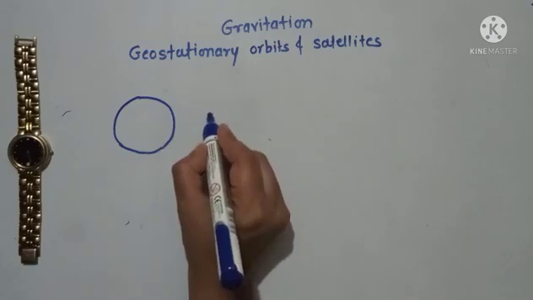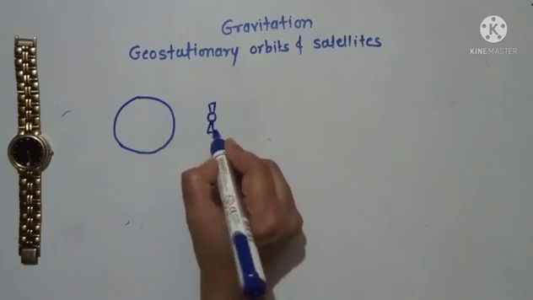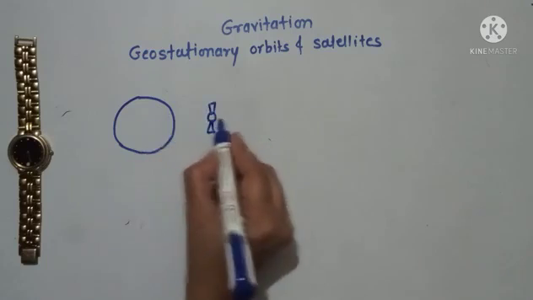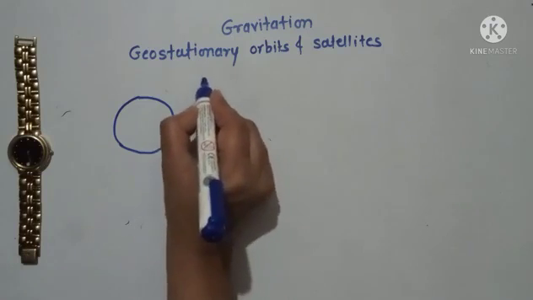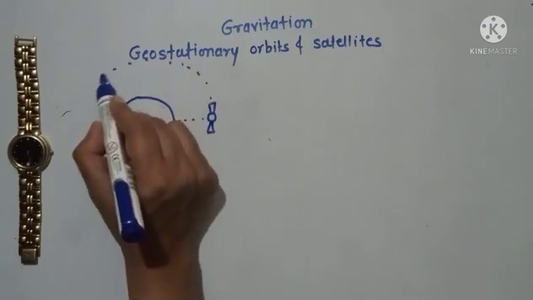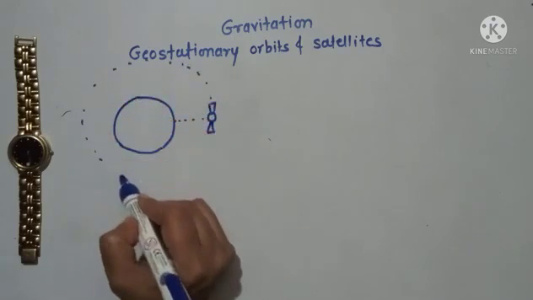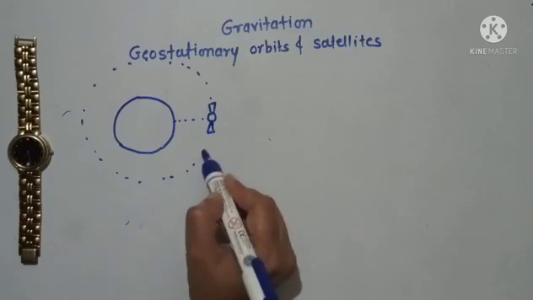Suppose this is a satellite at a particular distance from the earth surface. When this satellite orbits around the earth, the distance traveled will be the perimeter of this orbit.